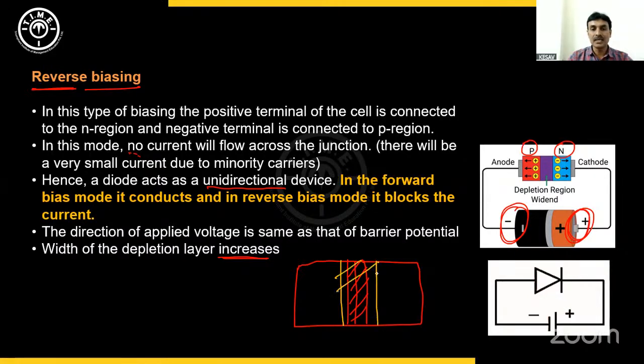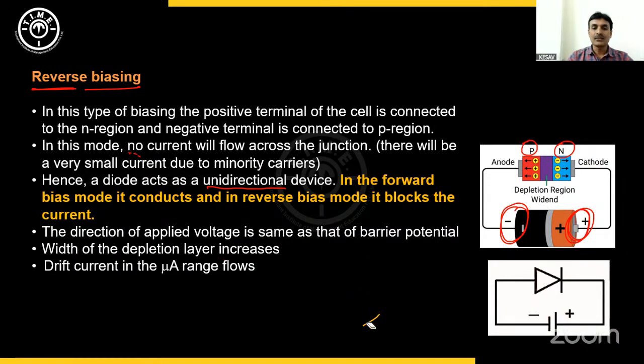This would be the depletion layer now. See what happened to the width? The width is increased. So the width of the depletion layer increases in reverse bias mode and it decreases in forward bias mode. Remember that.